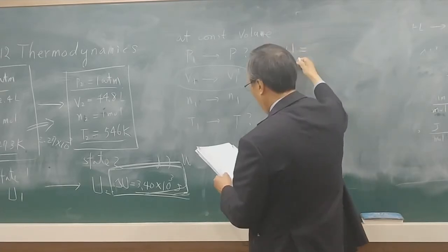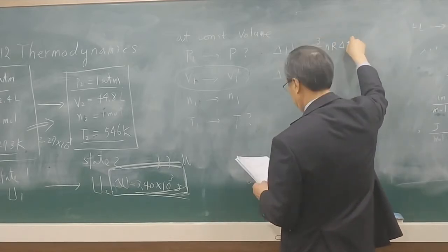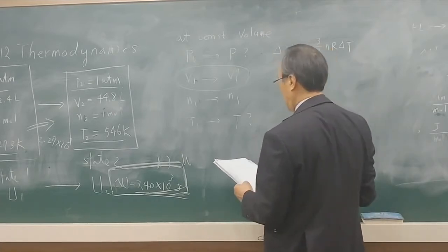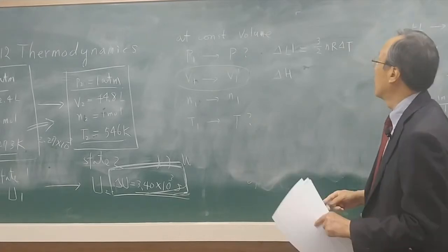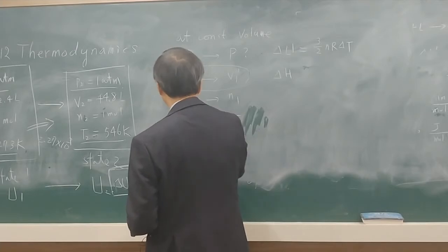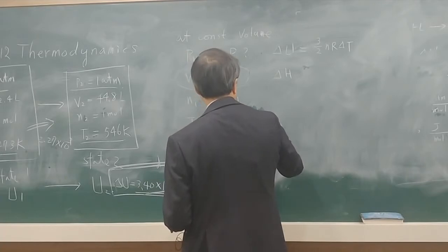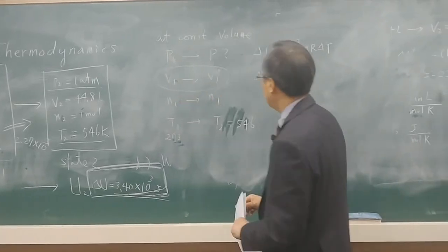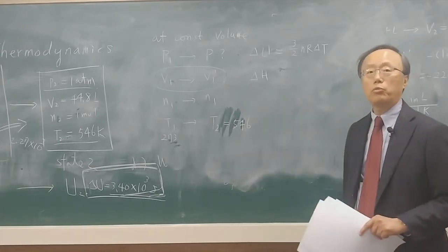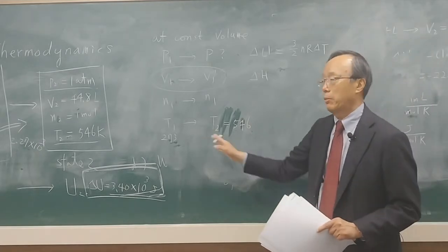So delta U equals Cv N delta T. Sorry, T2 equals double the temperature, 546. Sorry about that. Only volume is fixed. Volume is constant. Temperature is doubled.